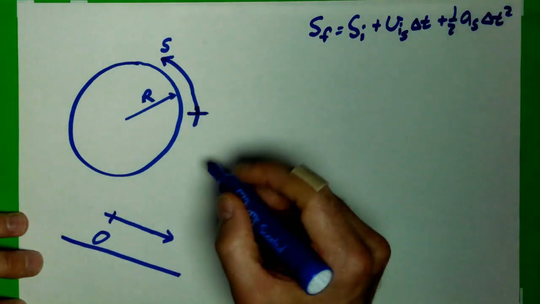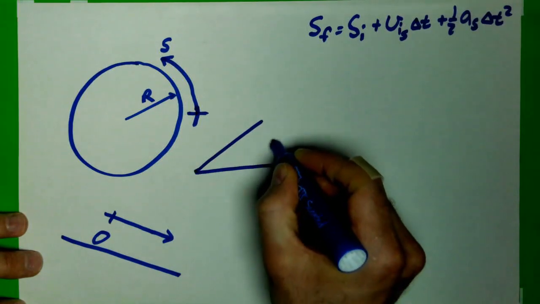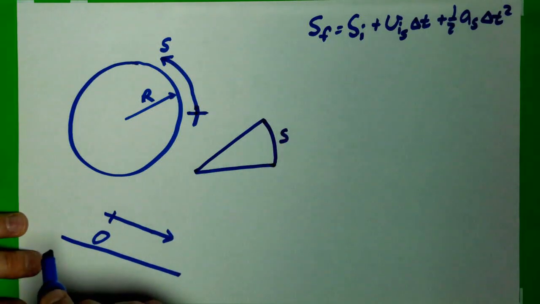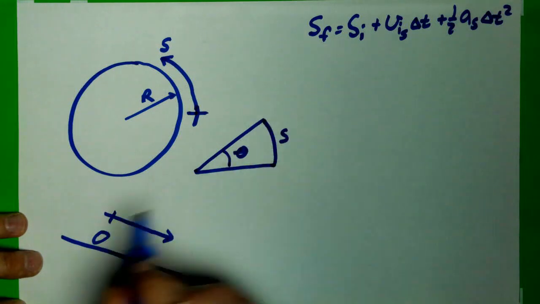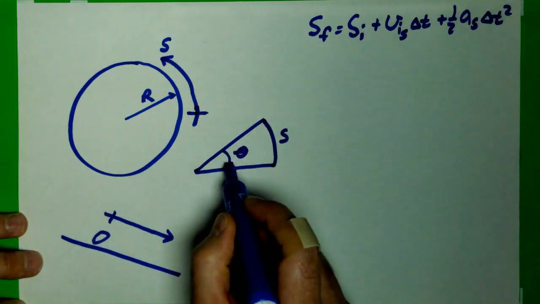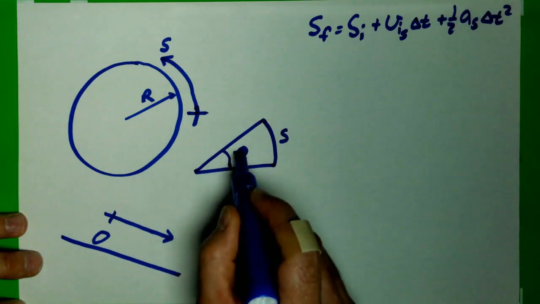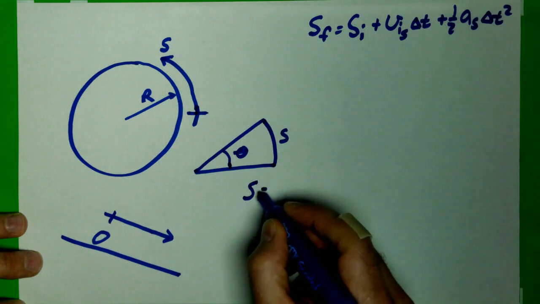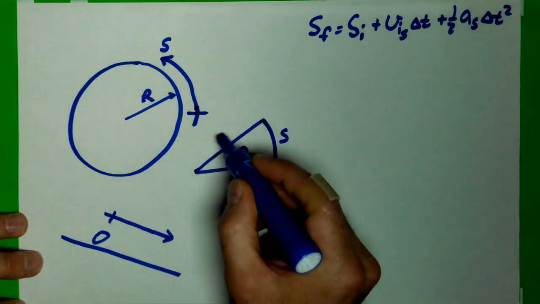An important relationship is if you have any arc, with a curve, an arc length S, and that arc length is related to the angular separation of those two lines by a theta, then S is equal to r theta, where r is the radius.